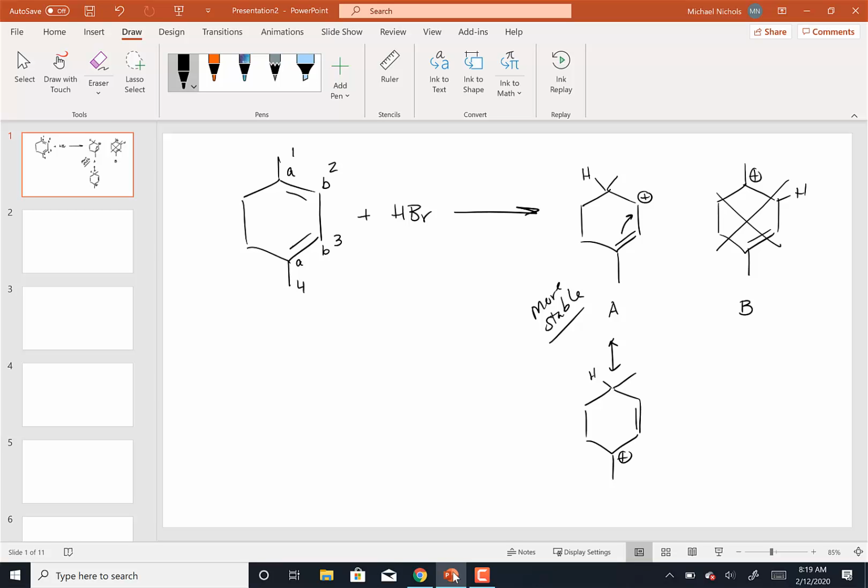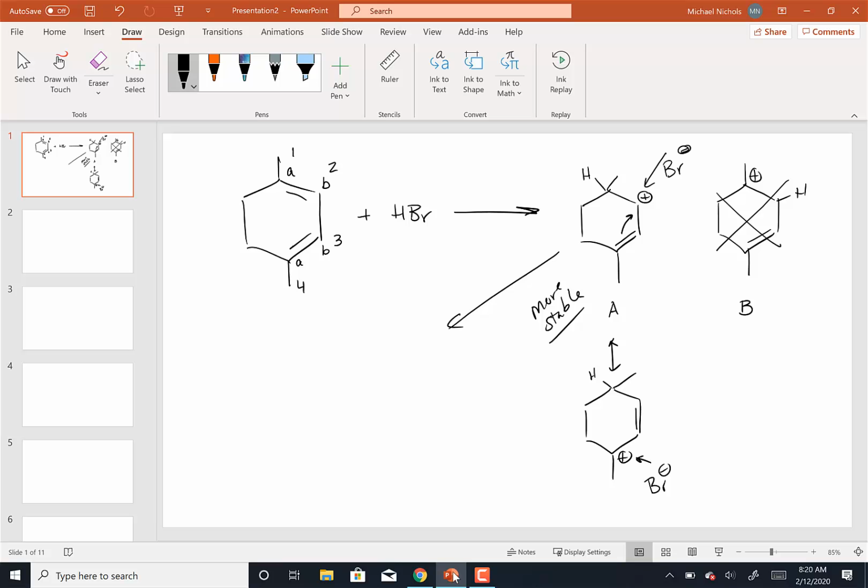B is out. So now what am I going to do for my second step in the mechanism? I'm going to add my Br minus to this carbocation. Again, I'm using the individual resonance structures as intermediates, even though the true structure is the hybrid.